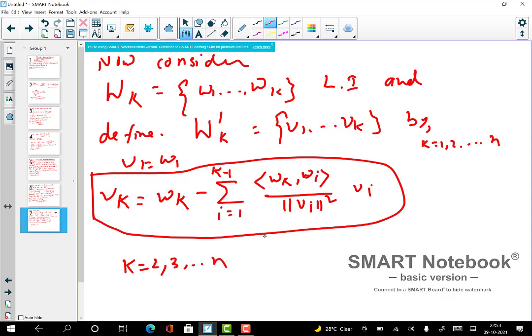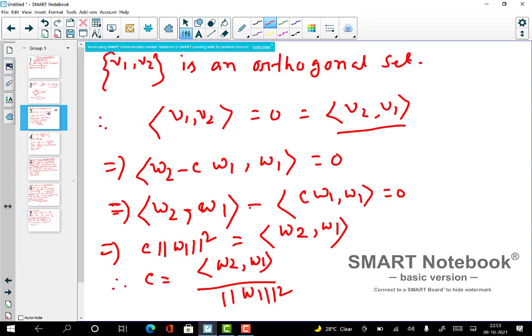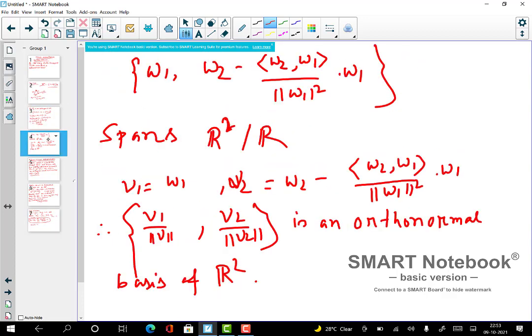Okay. So for k equal to 2, you see that it is nothing but W2 minus the inner product of W2 with V1, which is also W1, and then this one. And this is exactly the same as what we did here, in this toy case.